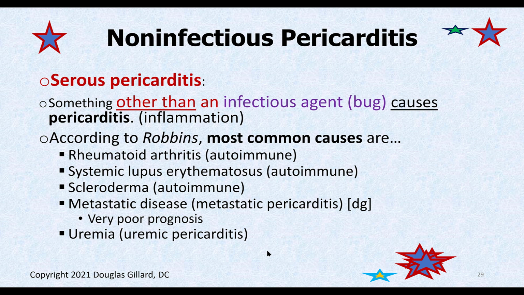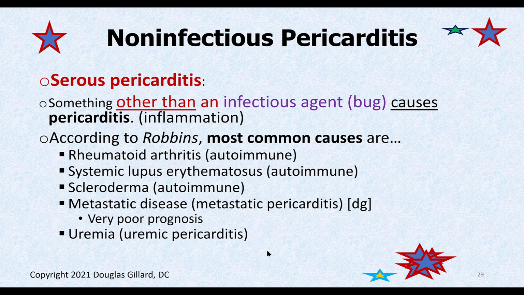So non-infectious pericarditis means it's not caused by a bug. There's still an inflammation, but it's not caused by a bug. Something else sparks the inflammation. What could that something else be, we wonder. It's usually autoimmune attack against the serous or fibrous pericardium. So rheumatoid arthritis, the patient has concomitant rheumatoid arthritis, and for whatever reason, all of a sudden it attacks the pericardium.